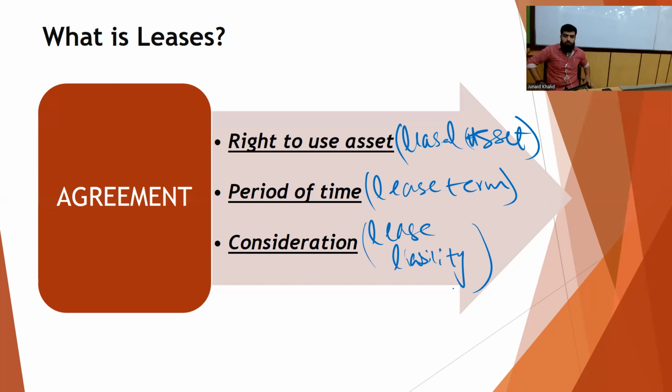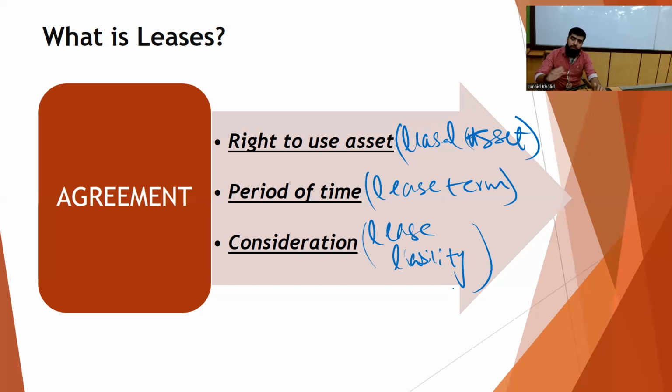It means one party gives a right to use an asset, that is a leased asset, over a period of time, over a lease term, against some consideration, against the lease liability. So these are the three important terms which will be used in the upcoming slides or questions.